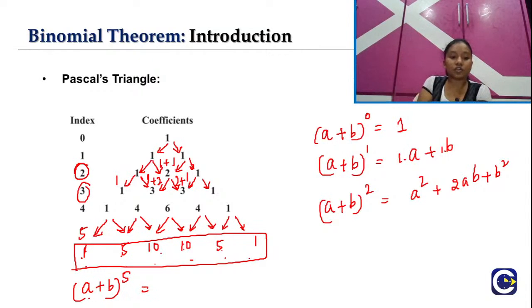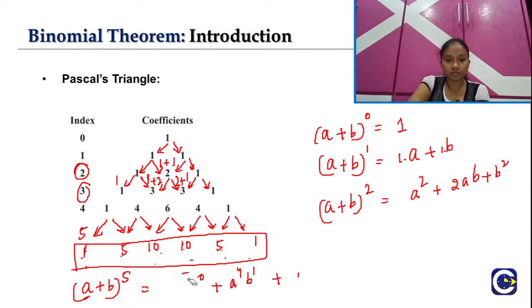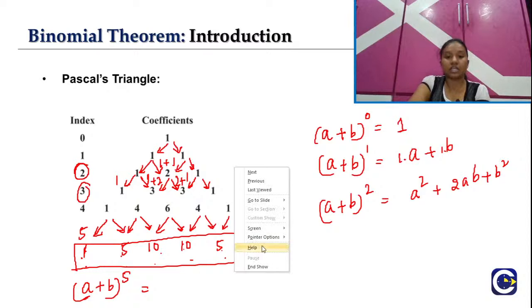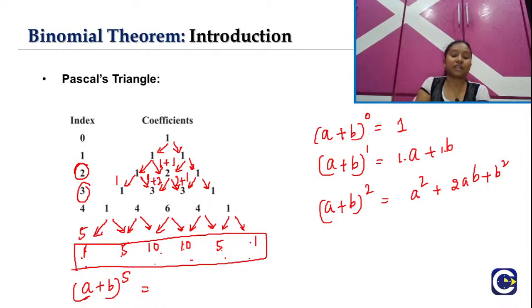So let's write. So for the first term, power will be decreasing. So it will be a power 5 into b power 0. For the second, it will be increasing. And the next, a power 4, b power 1. Let me do it this way. I'll just give a gap in order to substitute the coefficients that we have just got.